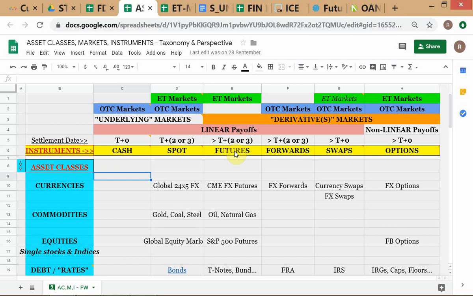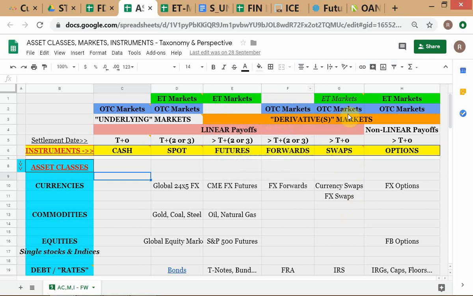I'm just going to say OTC, which will mean OTCM. So whatever is the difference between ETM and OTC, that is the difference between futures and forwards. Futures are ETM and forwards are OTC. So that's another way when we see those instruments.